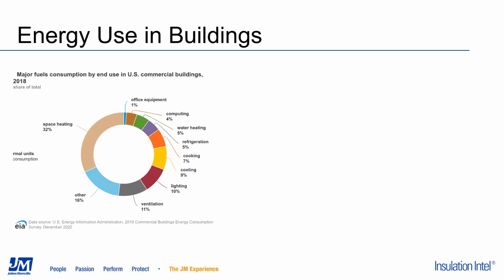But of course, commercial buildings have a lot more variety in size and shape and use than we see for homes. So that's where we get these other pie wedges: things like ventilation at 11%, 7% for cooking, 10% for lighting. So a little bit more of a mix when we look at commercial buildings.